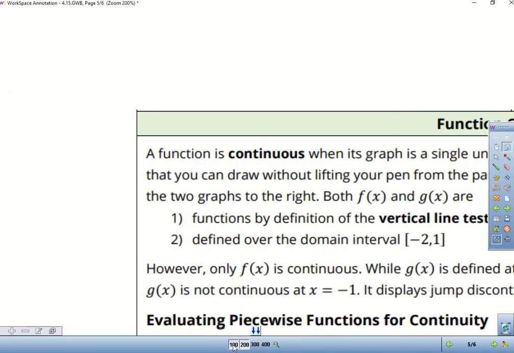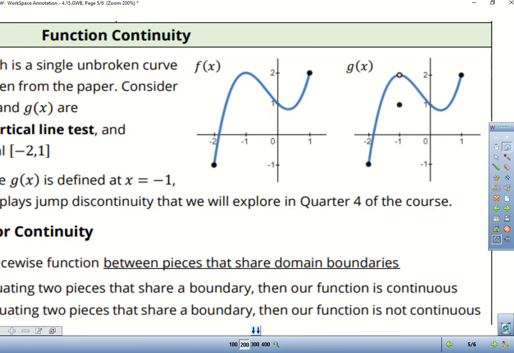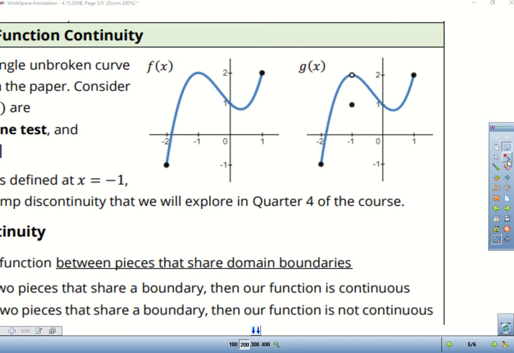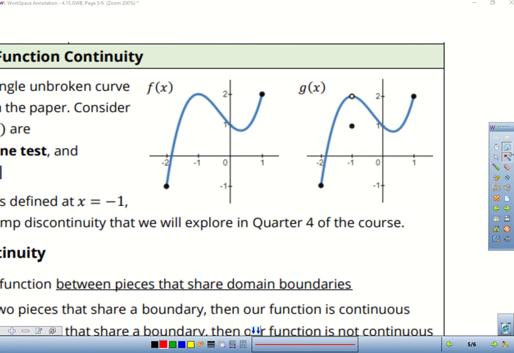So here's a little story about functions. In the normal function world, functions are continuous when the graph is a single unbroken curve that you can draw without lifting your pen from the paper. So that's what makes a normal function continuous. If you look at these 2 pictures, which of these 2 functions is continuous, f or g? F. Good.